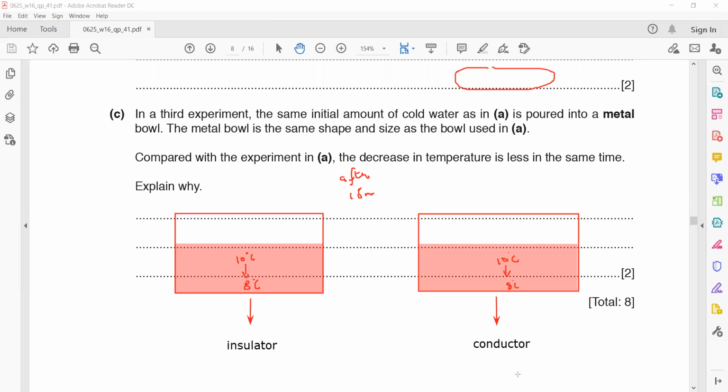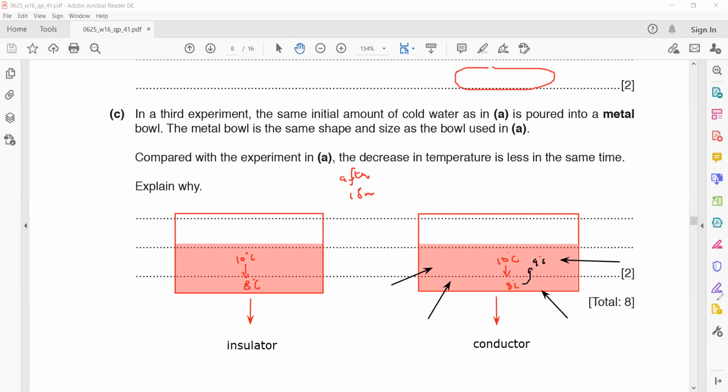But because this is a conductor, it can take energy from the surrounding, so it will allow the energy from the surrounding to transfer to the liquid. That's why the liquid temperature will increase slightly.